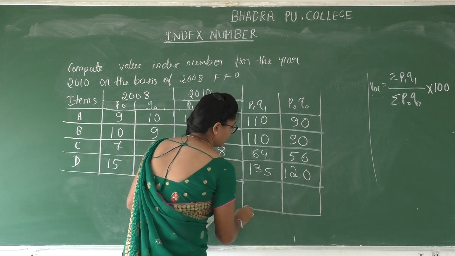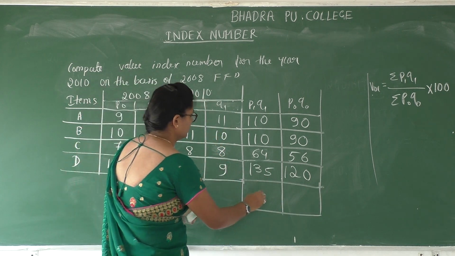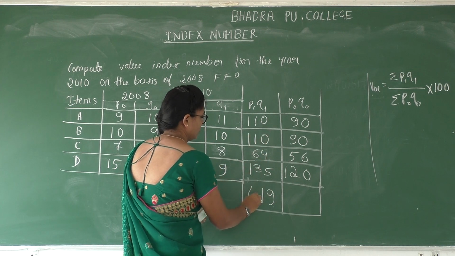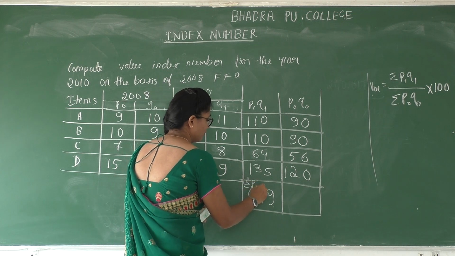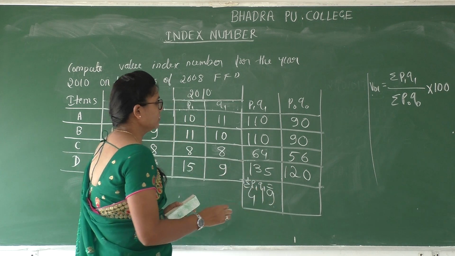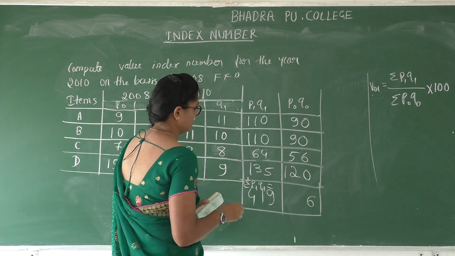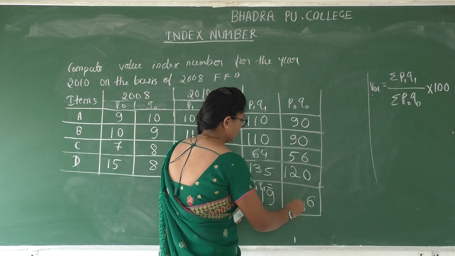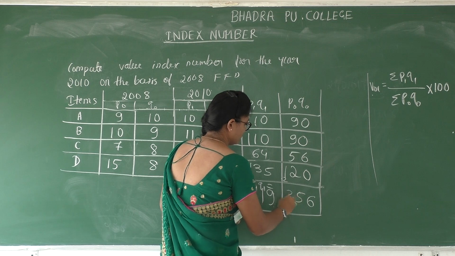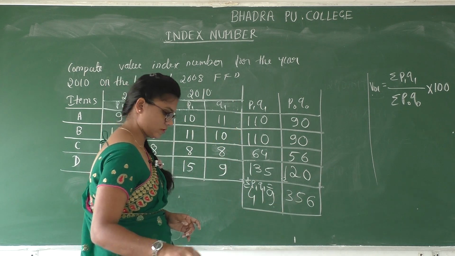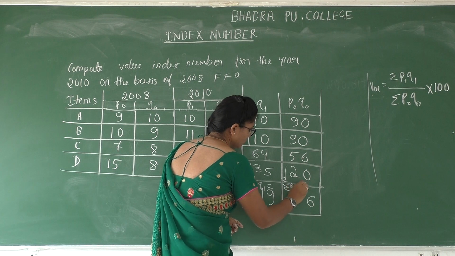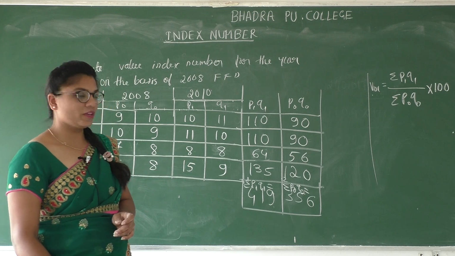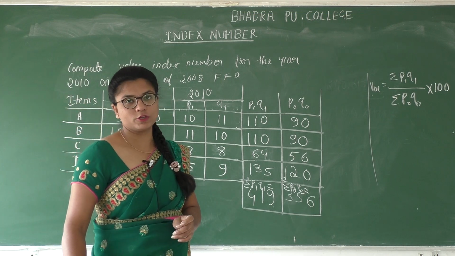So we will get the sum of P1 Q1, 419, and the sum of P0 Q0, 356.